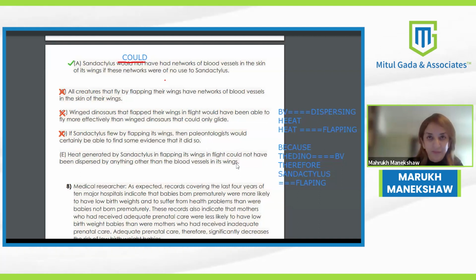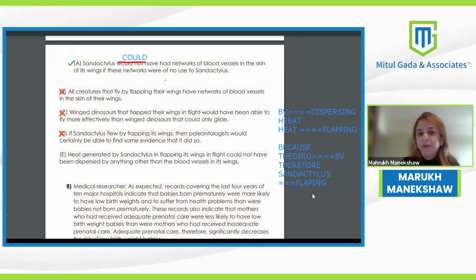The only function of blood vessels is to disperse heat. The only outcome of flapping is generation of heat. And since we have found flapping, we go back to premise 2, therefore blood vessels. Look at our conclusion and the premise, the evidence. It says we found them with blood vessels, therefore they are flapping.